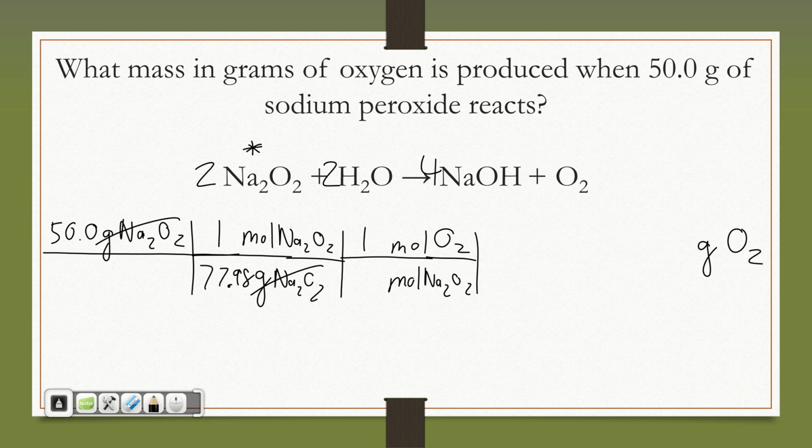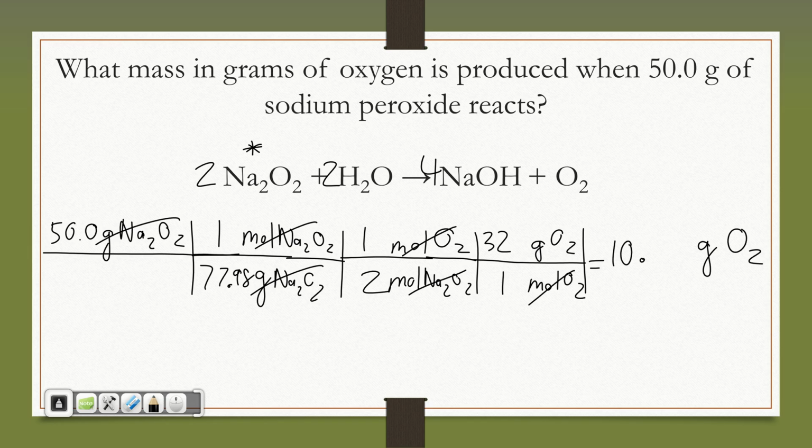O2, only 1, Na2O2, 2. I'm now in moles of O2. I'm coming from moles of O2, going to grams of O2, 1 mole, 32 grams. I can now calculate. Moles cancels out. 50 times 32 divided by 77.98 divided by 2. 3 sig figs, this is 10.3 grams.